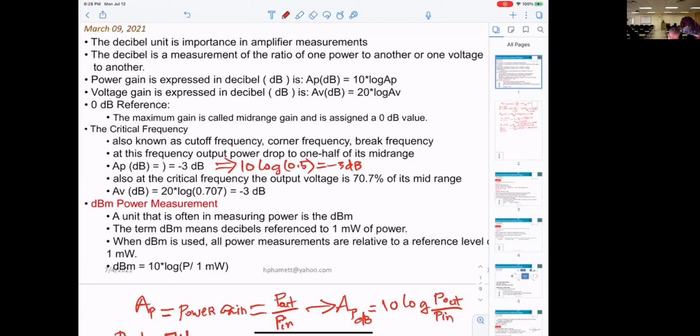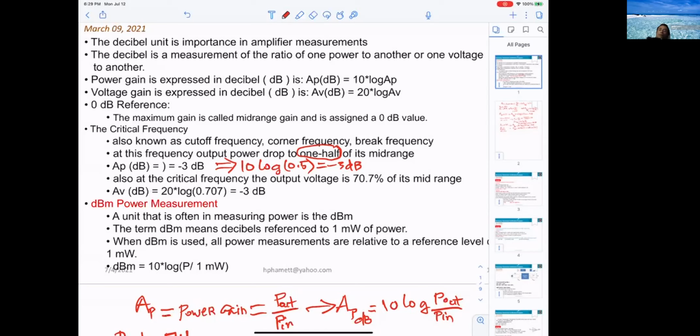They say 1/2. Mid-range means no loss, in and out the same. But if it drops 1/2, that means it drops to 0.5. And using the formula 10 log 0.5, that will be minus 3 dB.